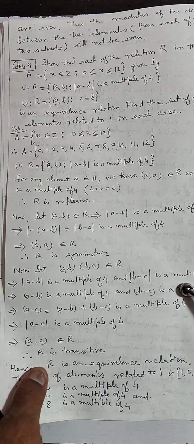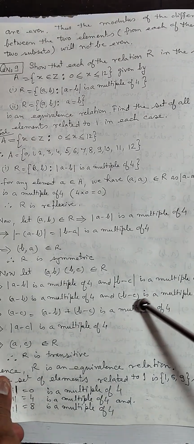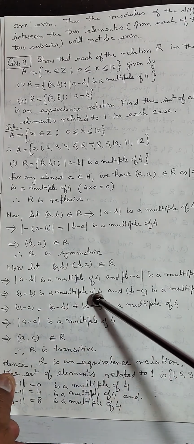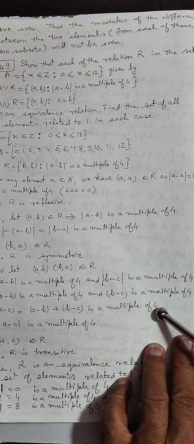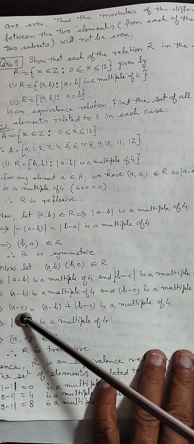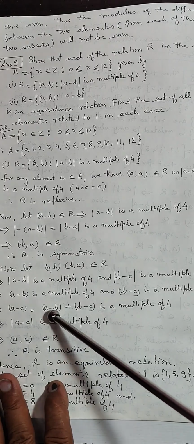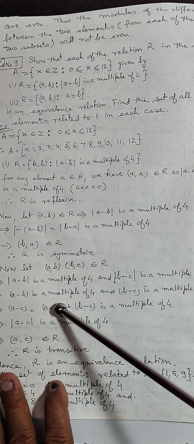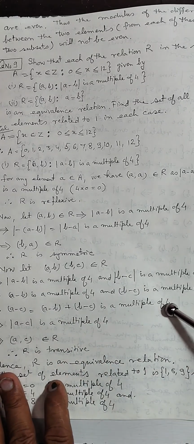Further, a minus c can also be written like this, a minus b plus b minus c. अब देखिए b और b कैंसिल हो जाएगा, हमारे को क्या रिजल्ट मिलेगा, a minus c is a multiple of 4.